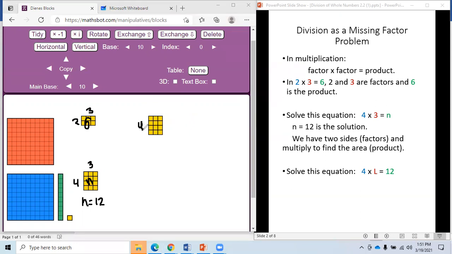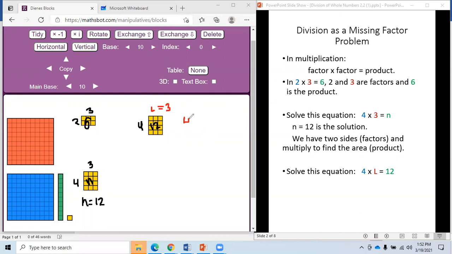We're given one of the factors. We're given the product, which is 12. And what we wanted to find was L, the length of the other side. And we could see L is equal to 3. And I'm going to write the equation that this represents.